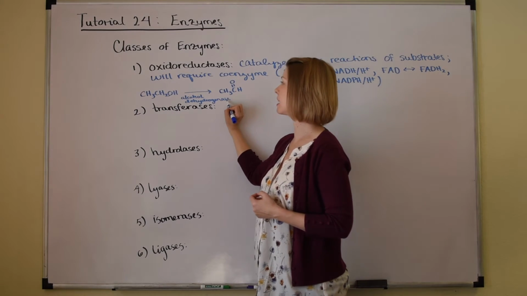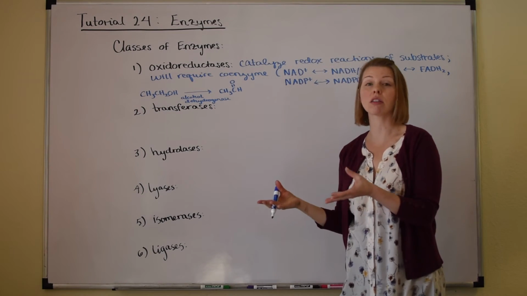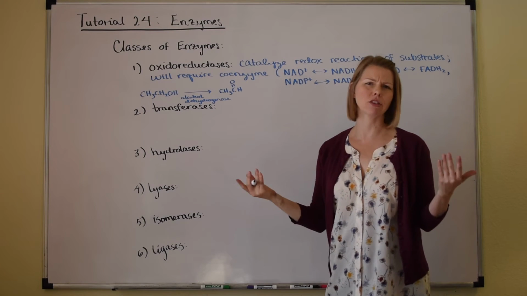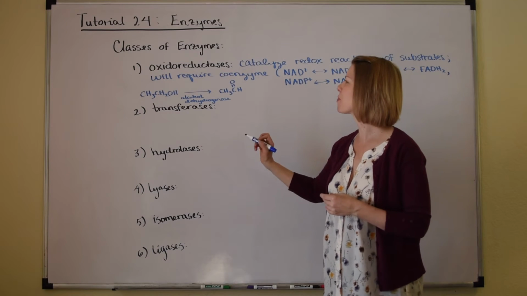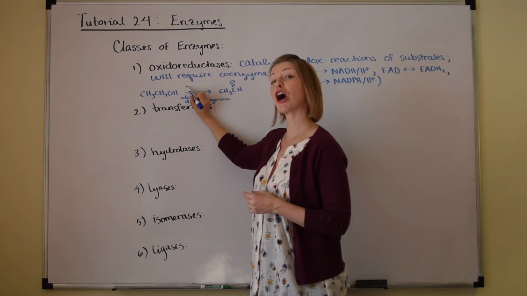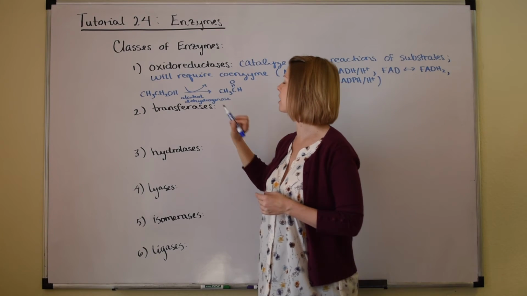Notice the ASE ending, and the term alcohol tells you it's going to act upon an alcohol. It doesn't have to be ethanol, but that's traditionally the alcohol that we ingest, right? So we'll do ethanol here. And then we're going to write our coenzyme as a coupled reaction here.